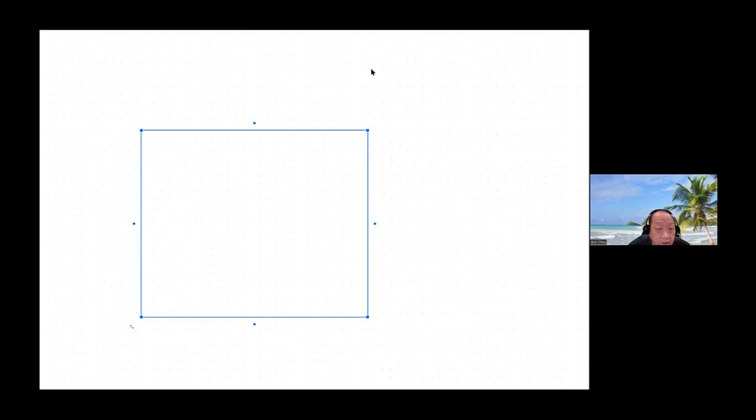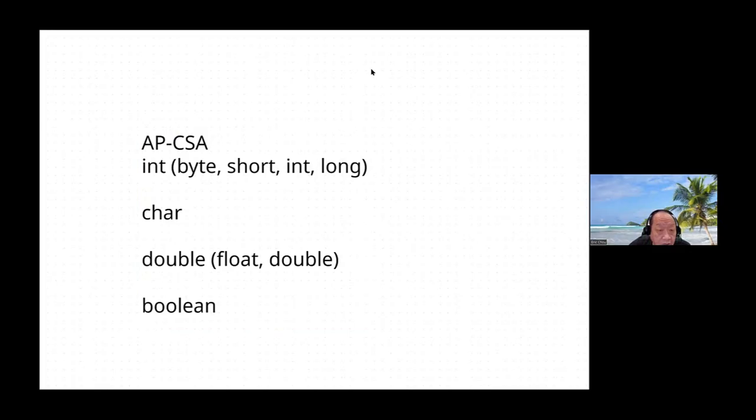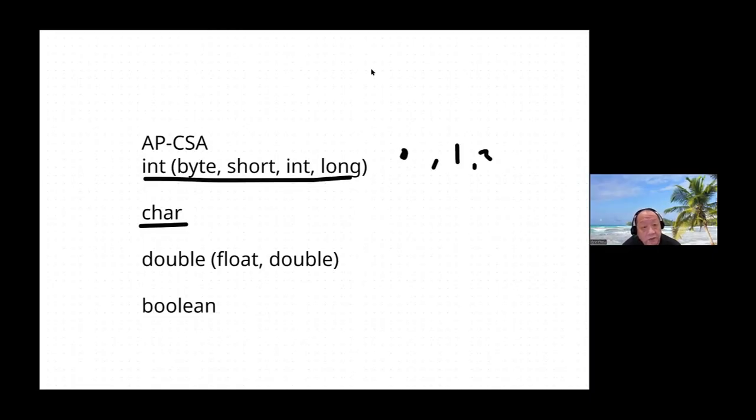The first one is integer type. Integers store data like 0, 1, 2, -4, but there are four different types. Char is used to store letters, so the letter A, letter B, whatever.